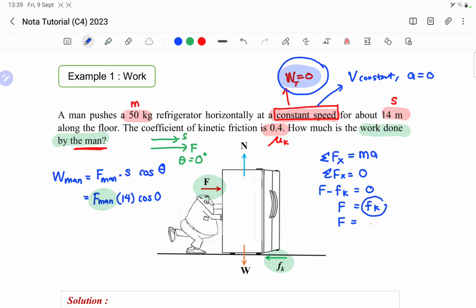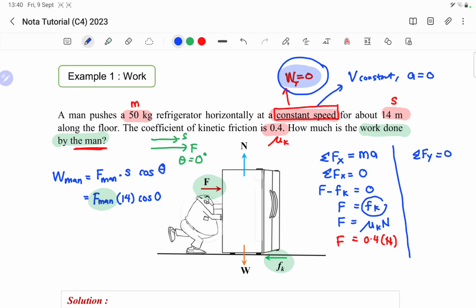The formula for friction is mu K N, where mu K is the coefficient of kinetic friction, 0.4. But the problem is we don't know N, so we have another unknown. Don't panic, just write another equation for Fy. No motion along Y, so sum of Fy equals 0.